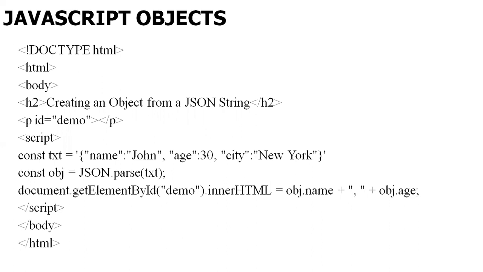Paragraph tag with ID demo. In the script, const text: name Johnson, age 30, city is New York. const obj equal to JSON.parse(text). document.getElementById demo dot innerHTML equals obj.name plus, the concatenation operator, within double quotation marks a comma, then another concatenation operator plus obj.age. Here the object name is Johnson, obj.age is 30. John, 30 is the output.